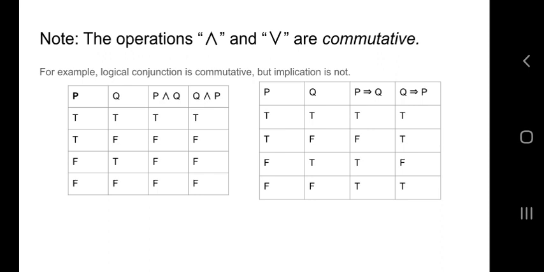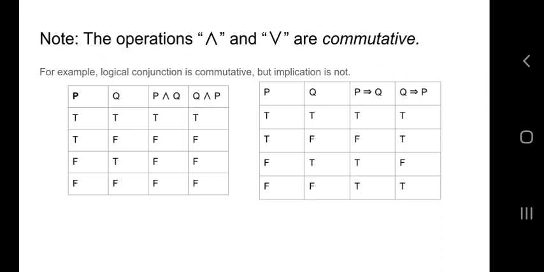Okay, so on this slide, I want to talk about the commutativity of some of these operations. The logical conjunction and the logical disjunction are both commutative operations. The truth table on the left demonstrates that logical conjunction is commutative.